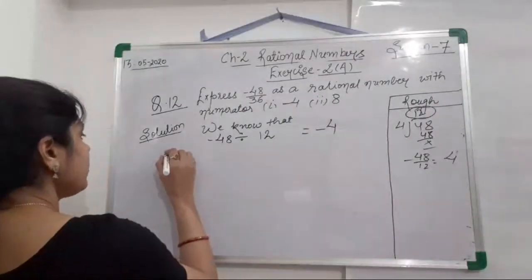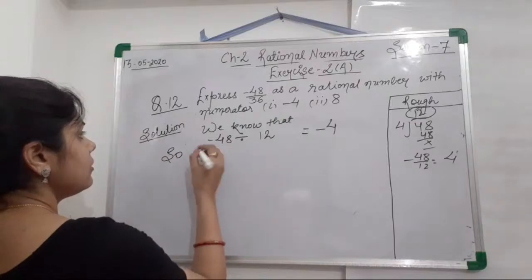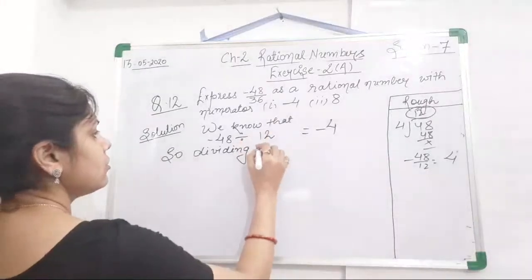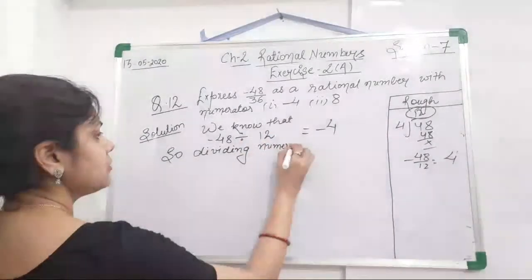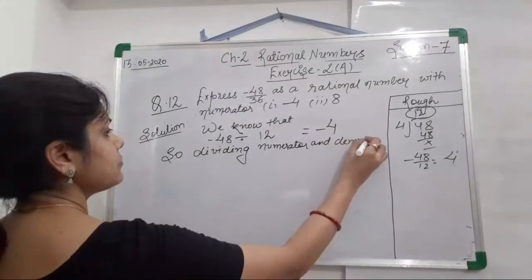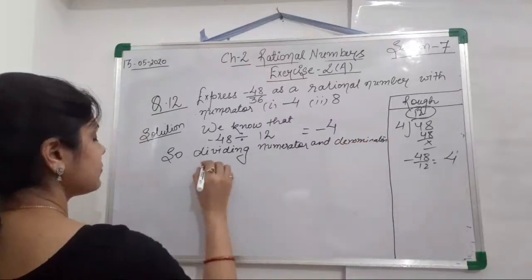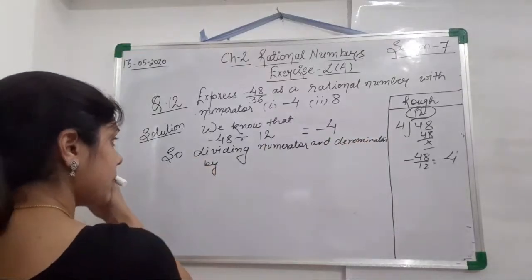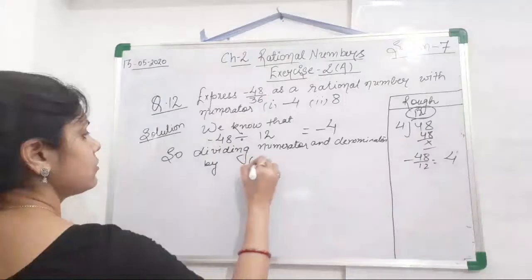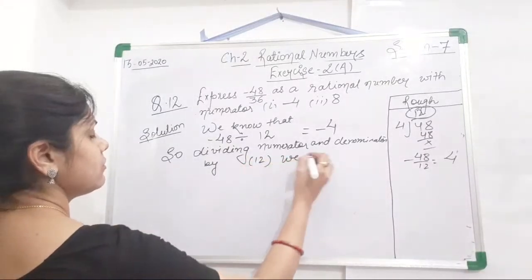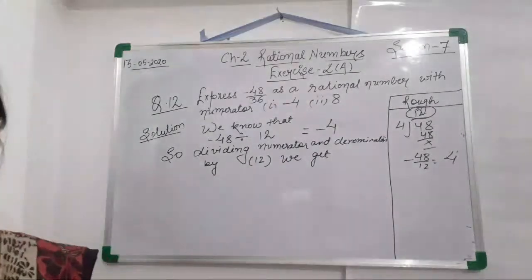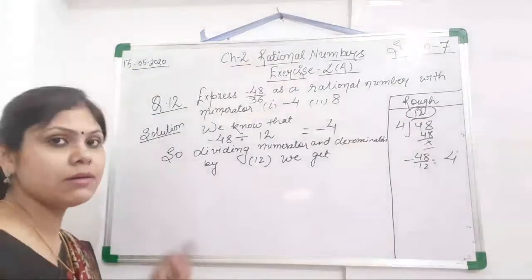Now, dividing numerator and denominator by 12, we have to divide the numerator as well as the denominator by 12.